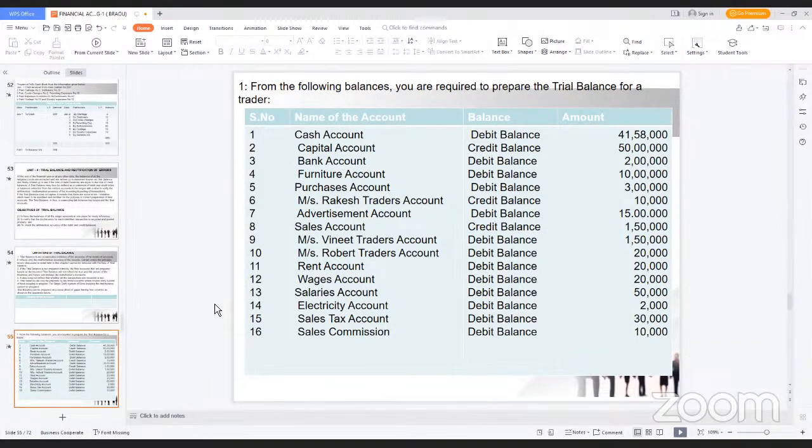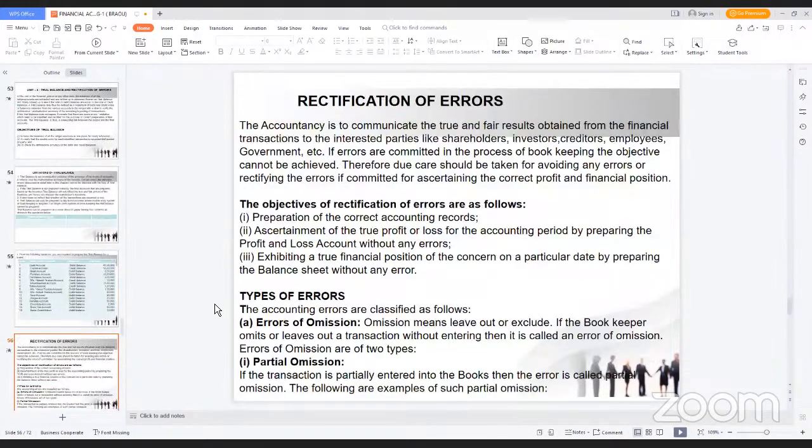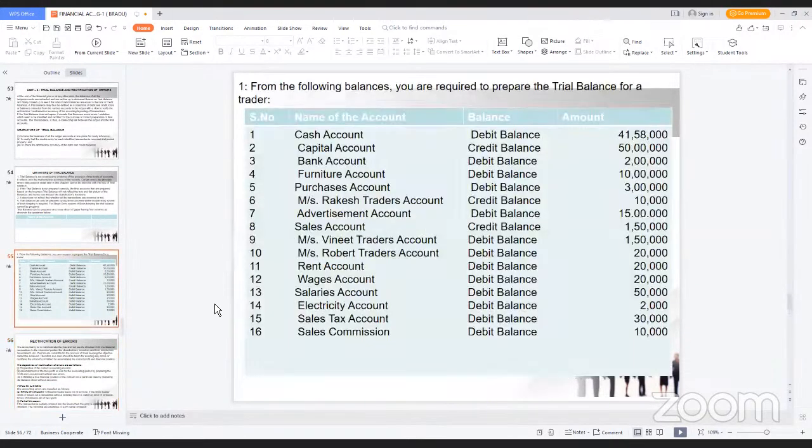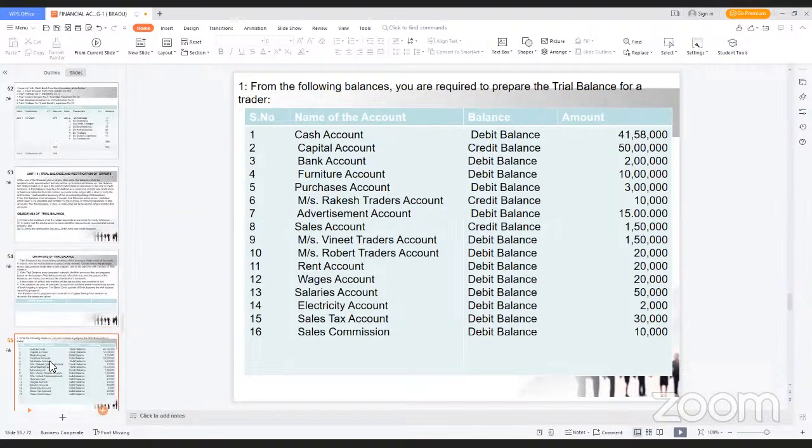And rent account, it is a debit. Wages also debit. So wherever it is debit, you will be writing. See here in the next, from this, you will be all the debit in 2 columns.